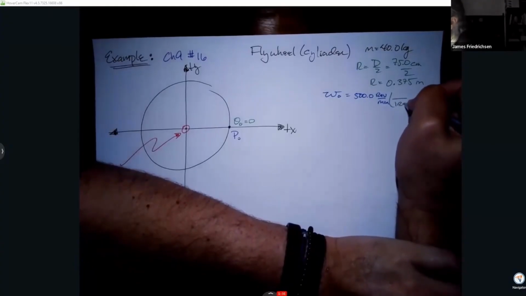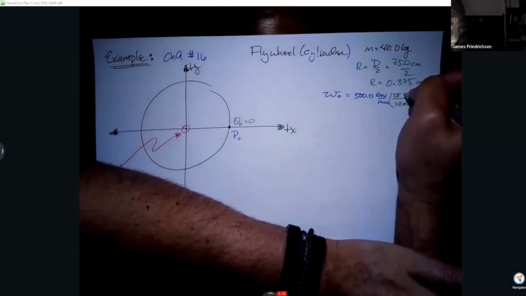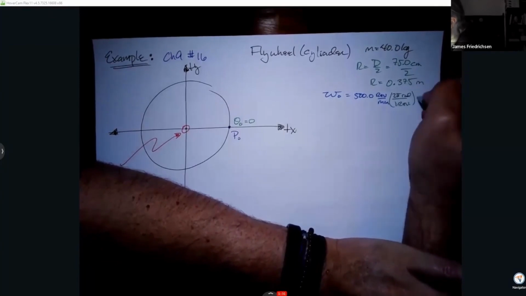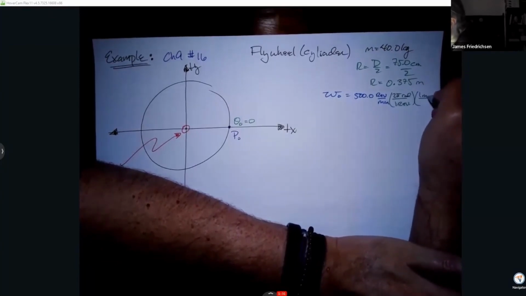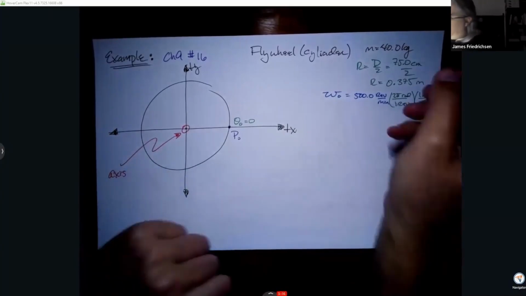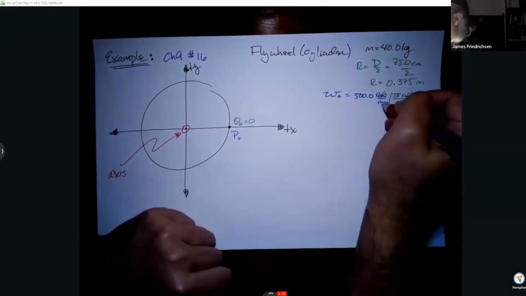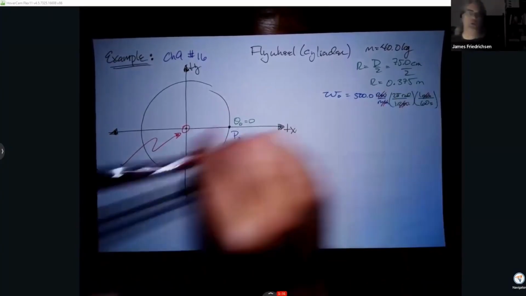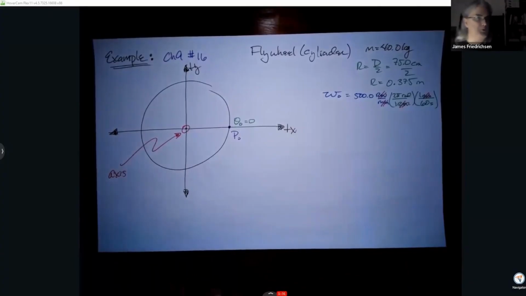So we have that one revolution is 2 pi radians. And we know that in 1 minute, there are 60 seconds. So this is going to be a conversion that you're going to do a lot, like your kilometers per hour into meters per second, ad nauseum, as they would say.